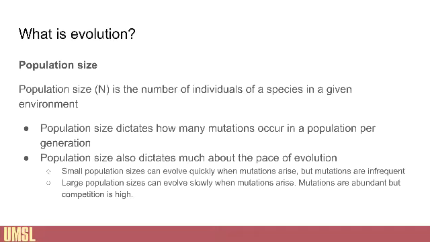So if we go back to our definition, it's the change in frequency of a particular allele in a population through time. You can imagine if a population size is small, when mutations arise, they might arise less frequently than in a large population.